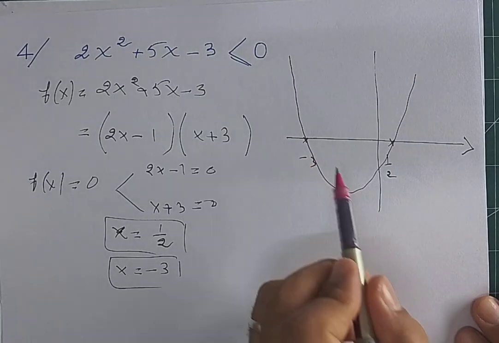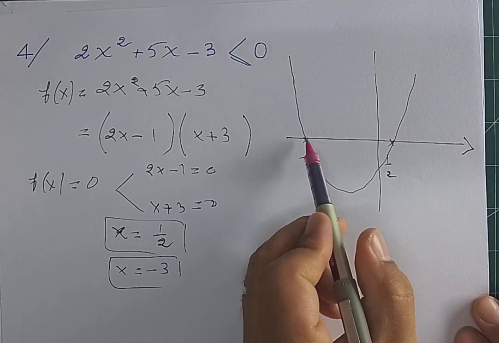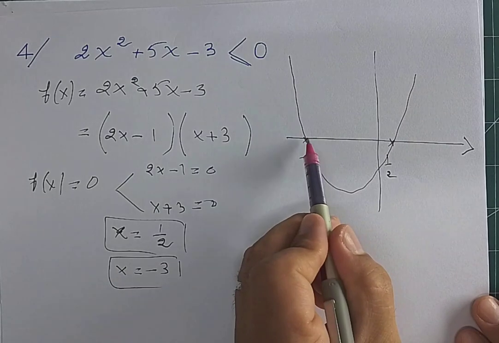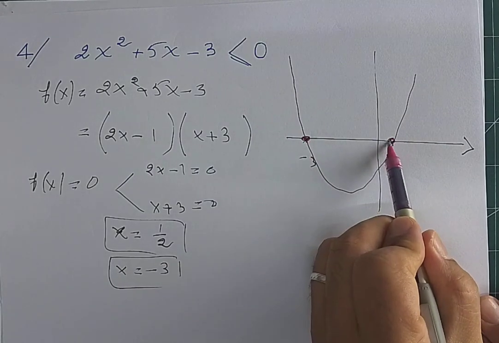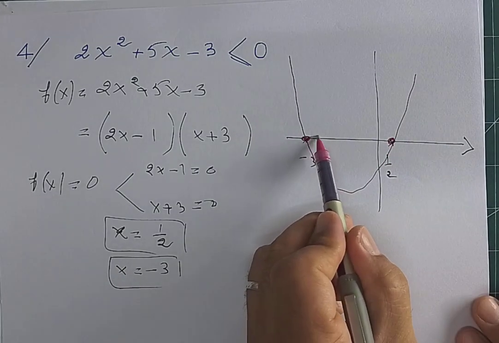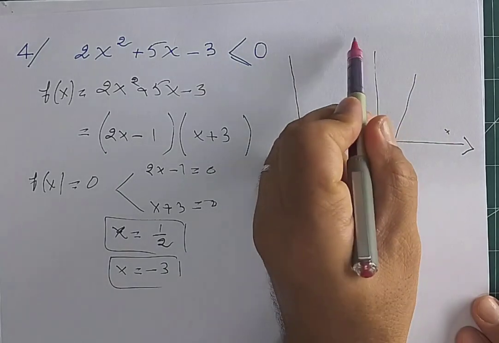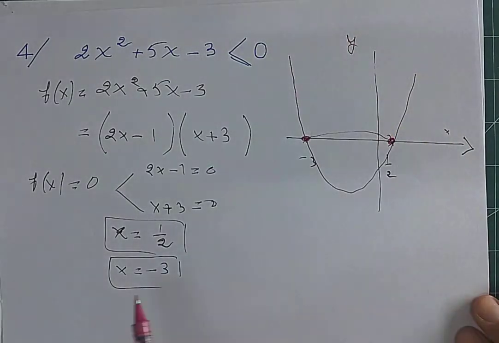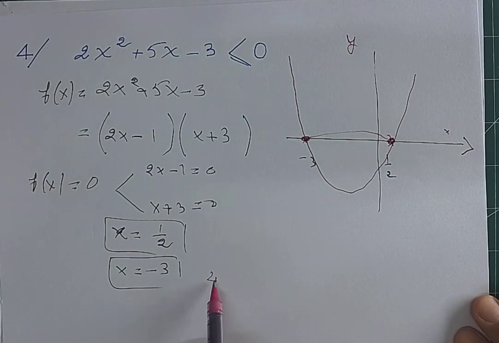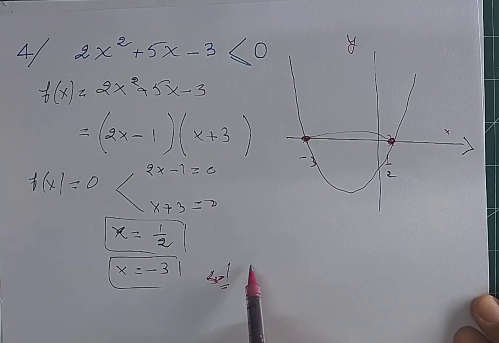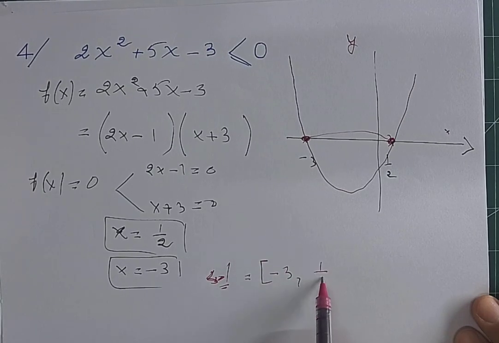So this part is to the left of minus 3, and from minus 3 to 1 over 2 is the part under the x-axis. So the solution is between minus 3 and a half.